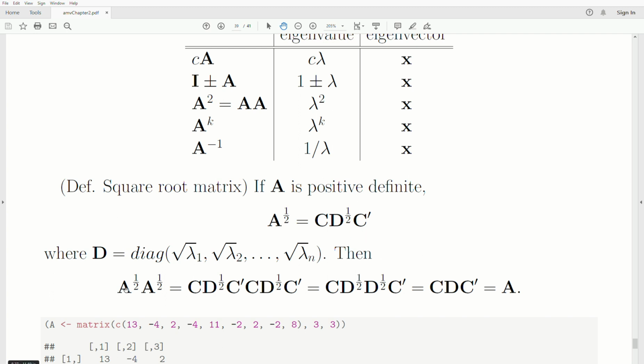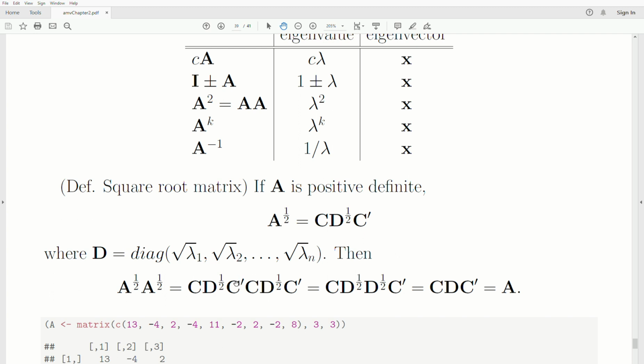Then note, if we take a to the 1/2 times a to the 1/2, this is like saying 6 times 6 and we get 36. So a to the 1/2 times a to the 1/2, we should get A back. So we plug in what we have defined the square root matrix to be. And now notice that these are orthonormal, or normalized.